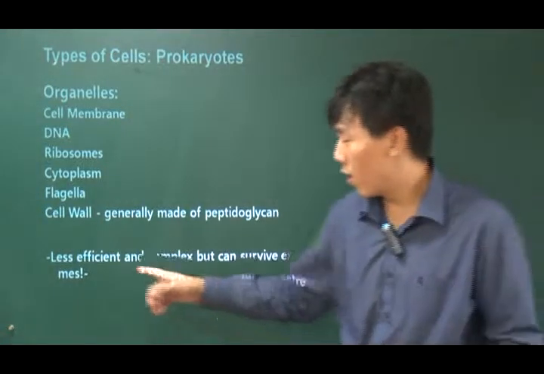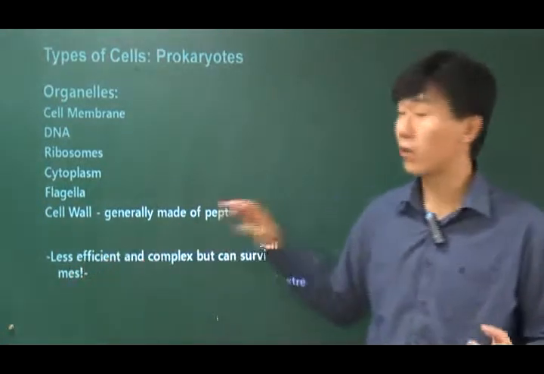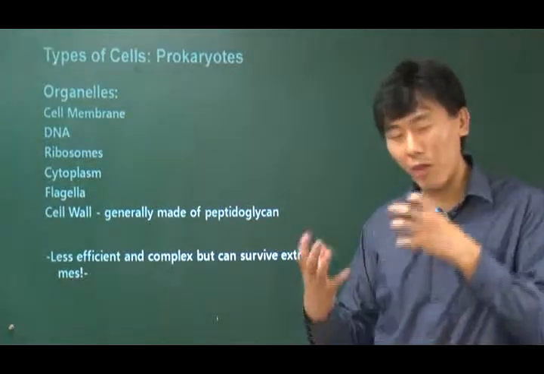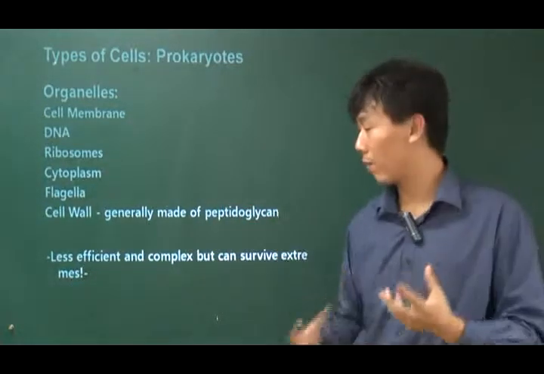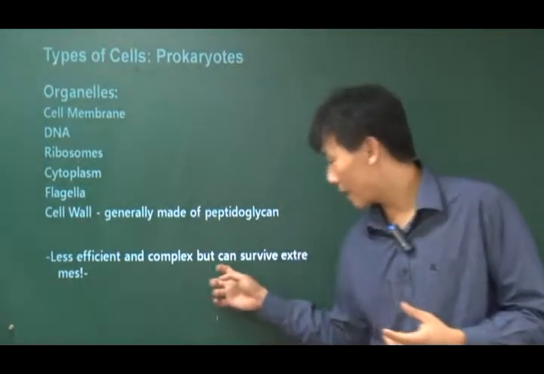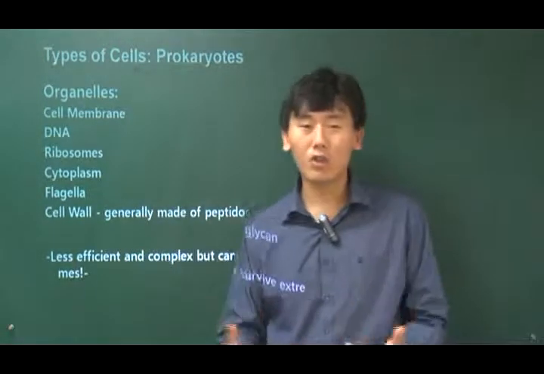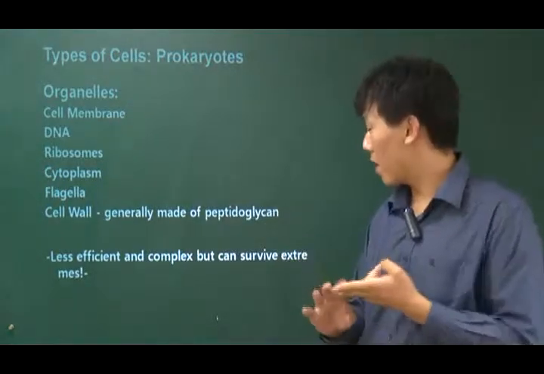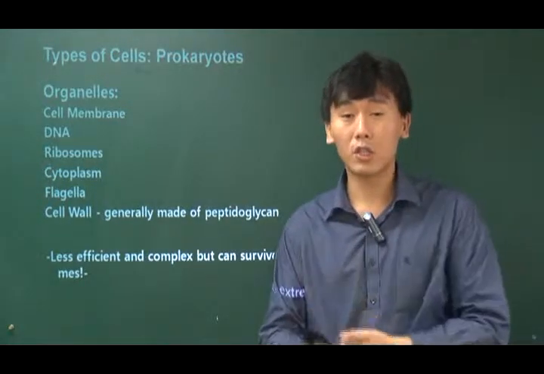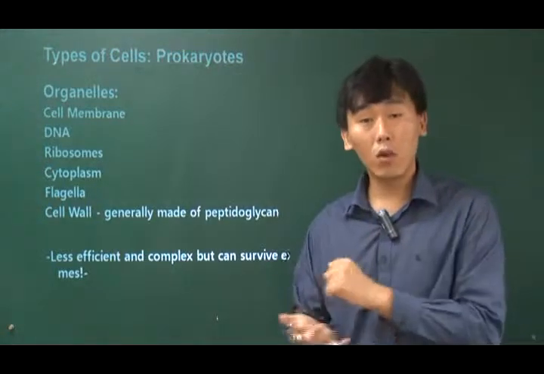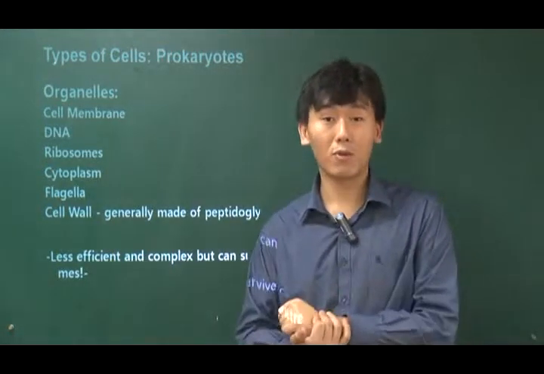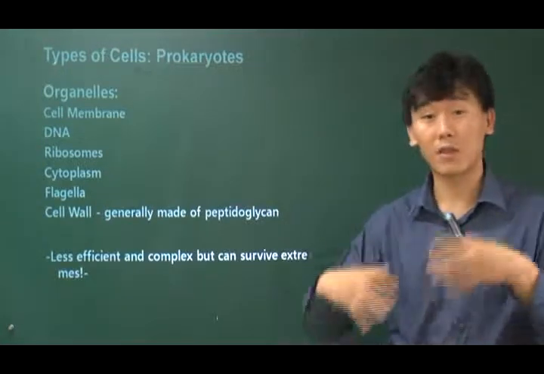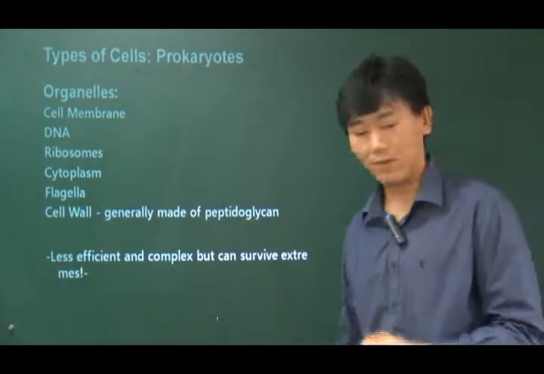And what's interesting about prokaryotes is because they're simple, and less complex, they can actually survive in more extreme conditions. So maybe if it's a lot more acidic, or maybe even if it's really hot in temperature, they can survive, whereas a normal person or animal or plant couldn't survive because of their specializations.